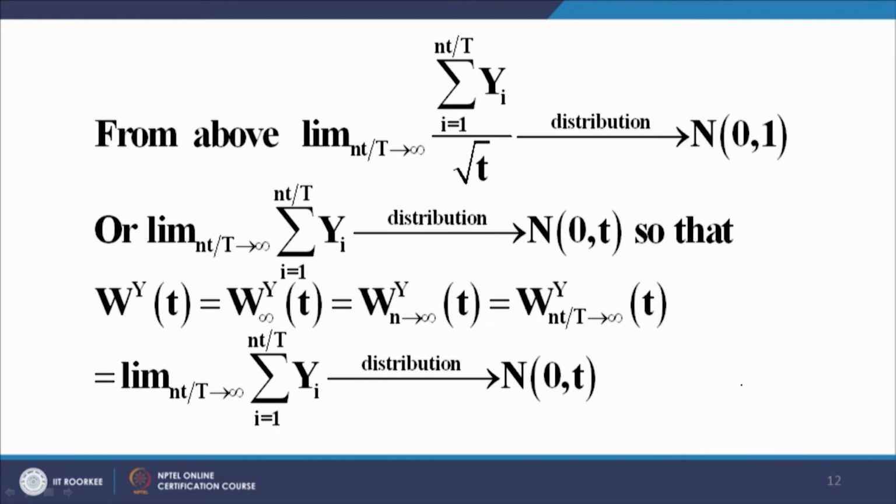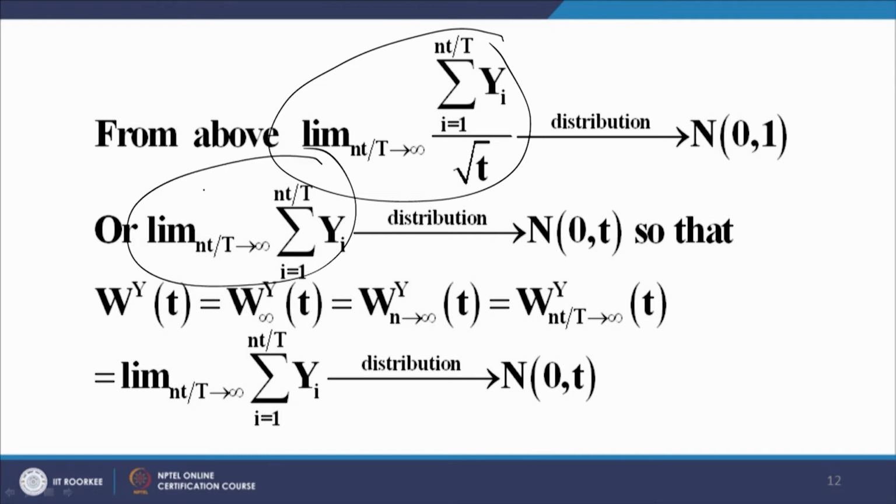Let us continue from this. This is what we have from the previous slide, limit n small t upon capital T tending to infinity, summation of y i upon under root t is normally distributed with a mean of 0 and a variance of 1. That gives us that the limit n small t upon capital T tending to infinity, summation from 1 to n t upon capital T, summation y i is normally distributed with a mean of 0 and a variance equal to small t.